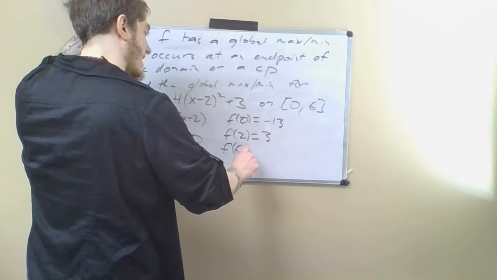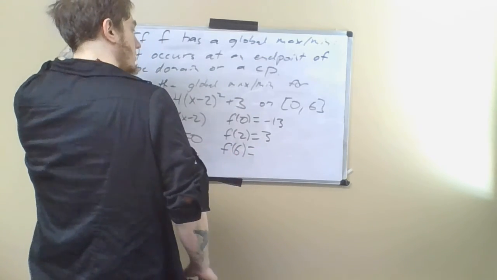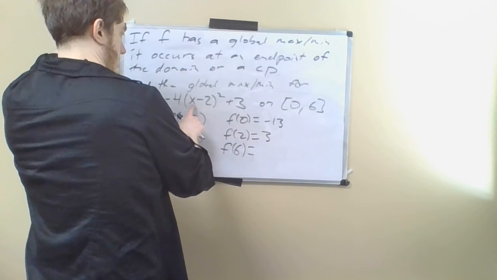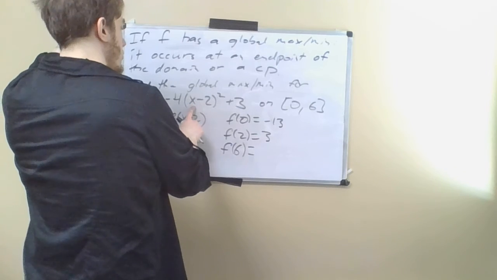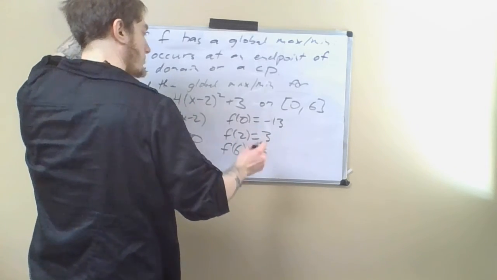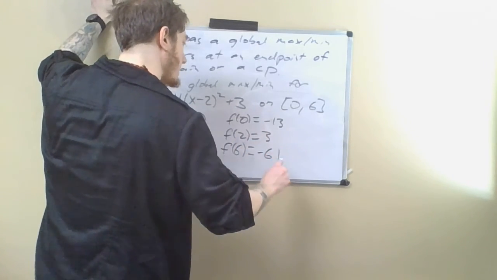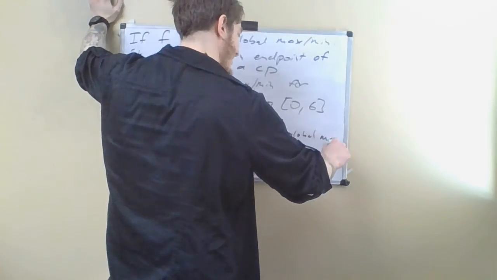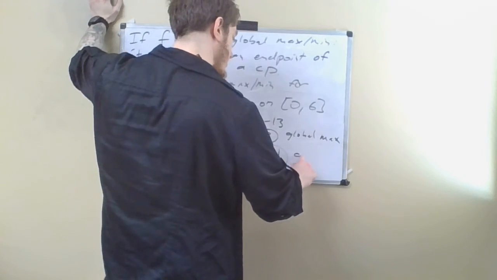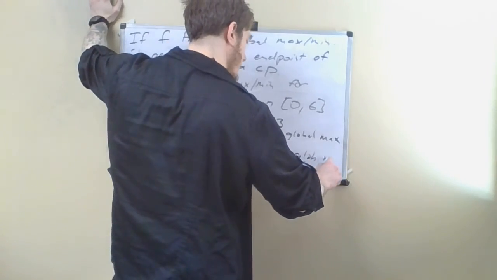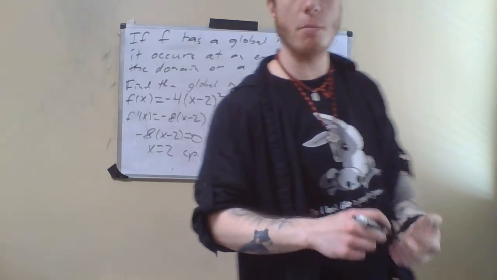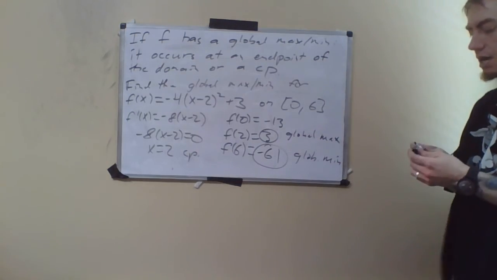And then f of 6, this is going to be 4 cubed is 64, so negative 64 plus 3 is negative 61. So this is my global maximum, and this is my global minimum. And there we go. We found the global maximum and the global minimum this way.